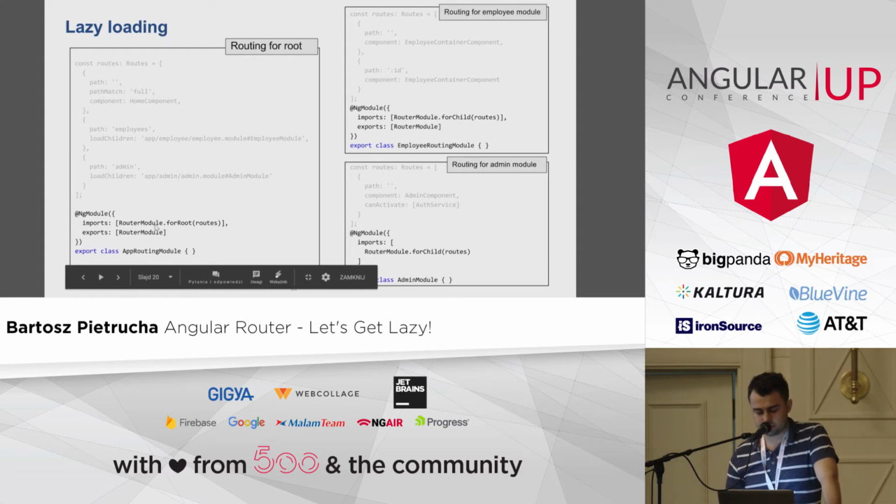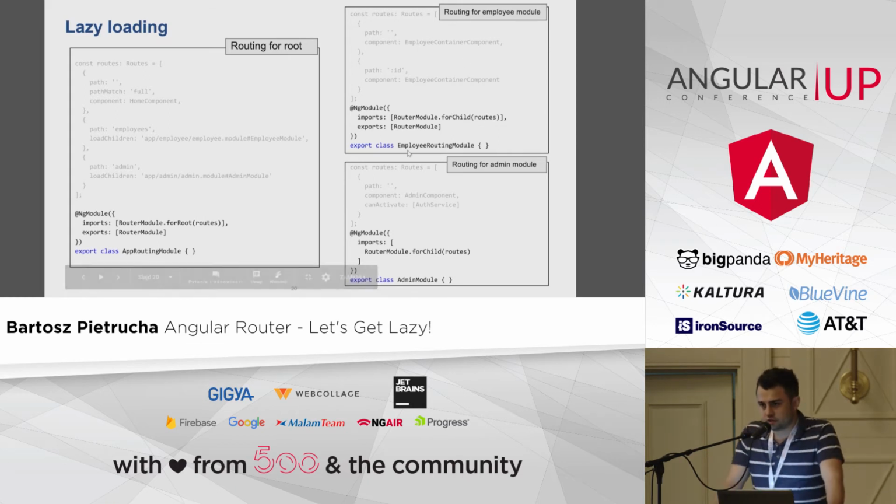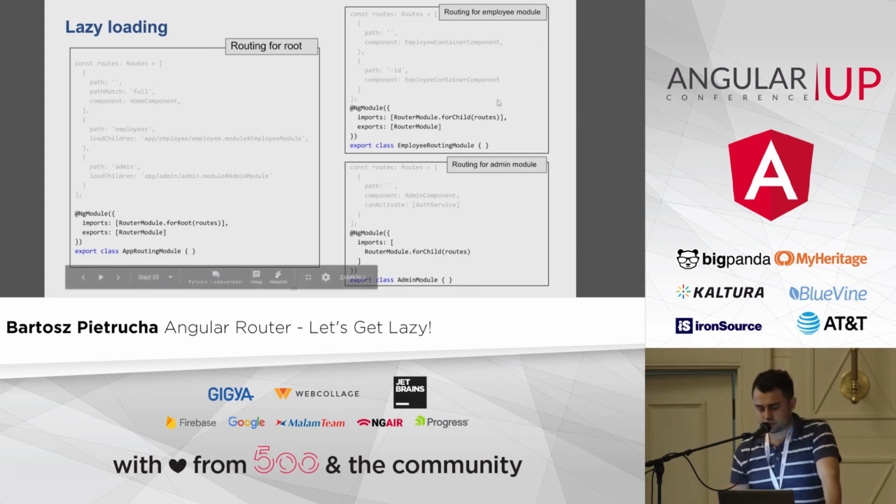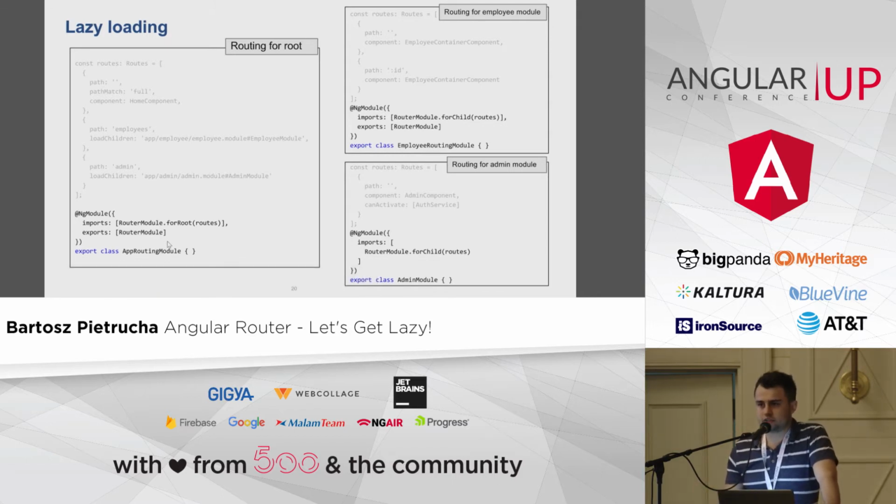Nothing changes to the routing for the root, but we need to use router module forChild and pass in our lazy loaded modules the configurations that tell how to then manage and parse the lazy loaded modules. So what is the difference between forChild and forRoot? Basically, they both do the same thing.